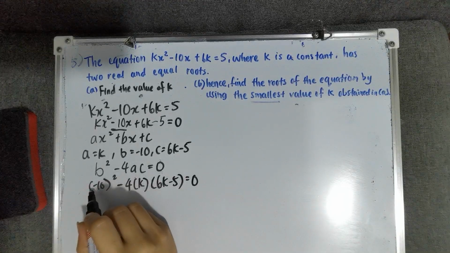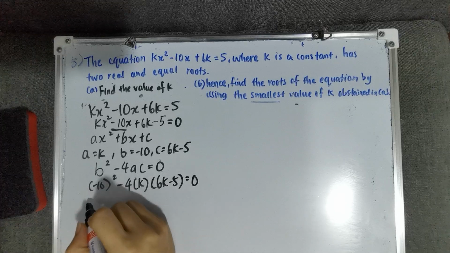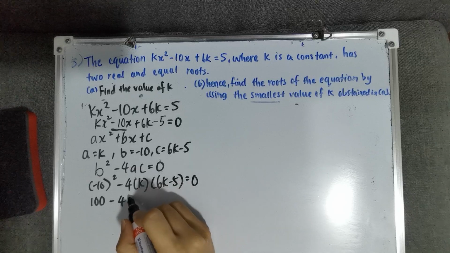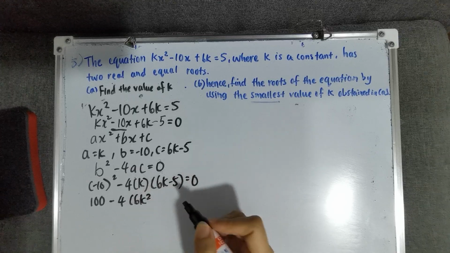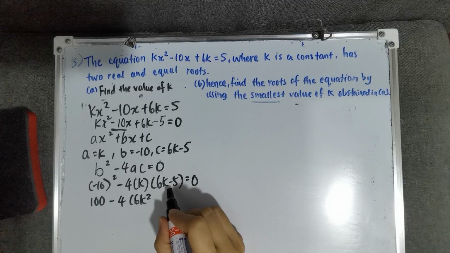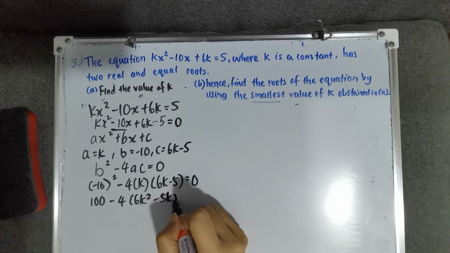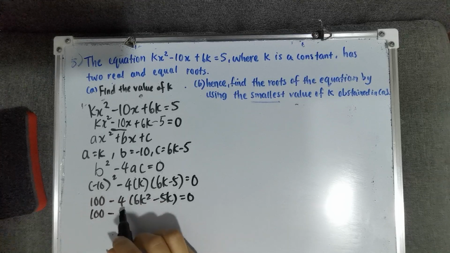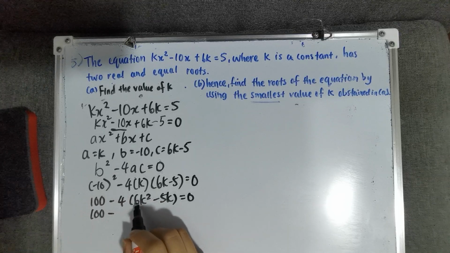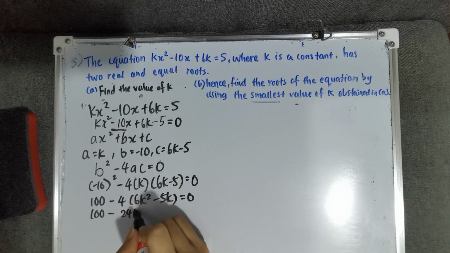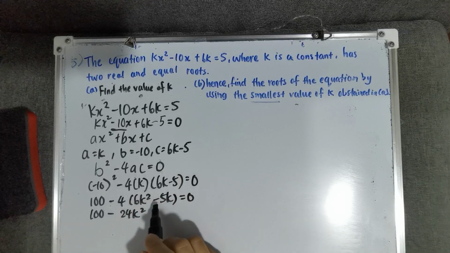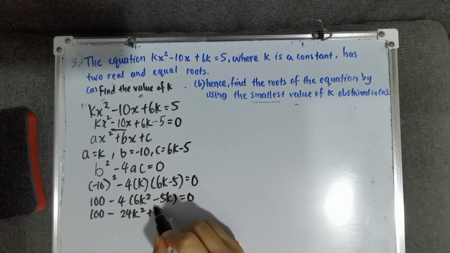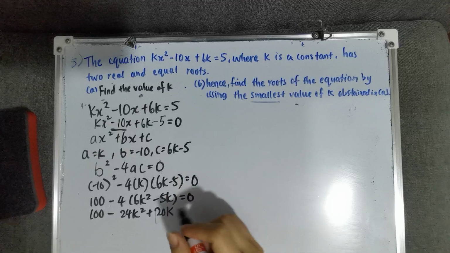Negative, negative, positive. 10 times 10 is 100. Then k times 6k is 6k squared, and k times negative 5 is negative 5k, equals 0. Negative 4 times 6k squared is negative 24k squared. Negative, negative, positive, so 4 times 5 is 20, positive 20k.